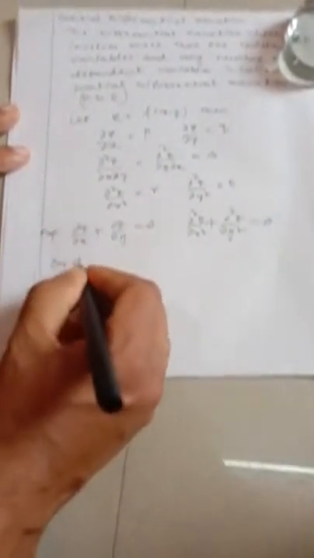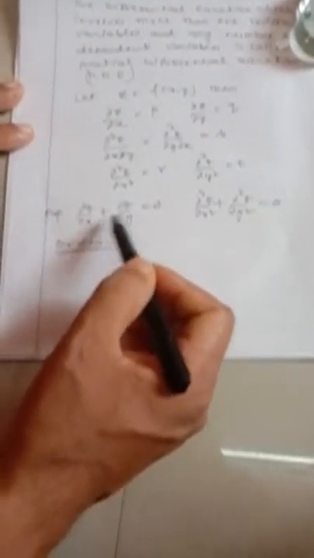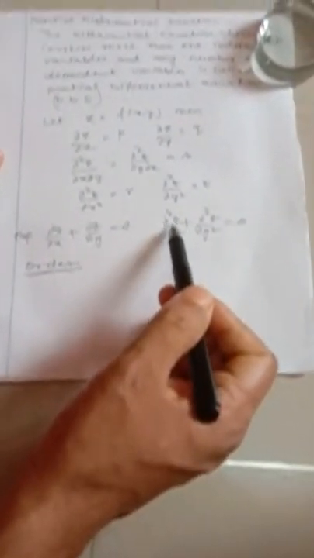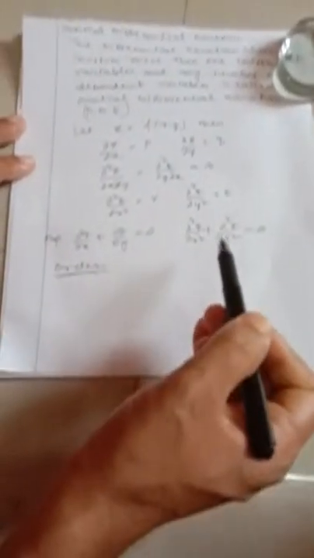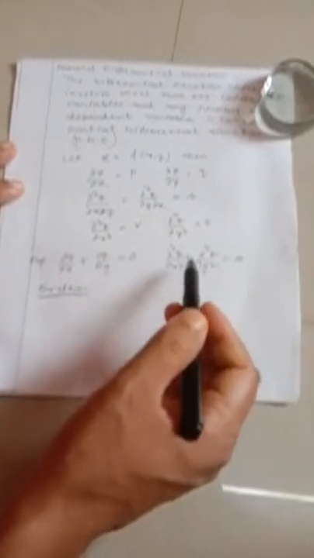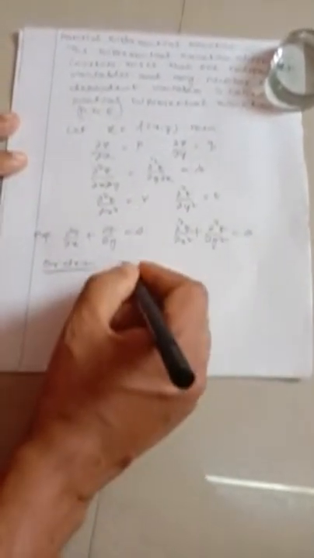Now order. You see here the degree means power of the derivatives. Order means how many times we are differentiating the dependent variable with respect to x or with respect to y. So the highest order of the partial differential equation is called the order of the differential equation.